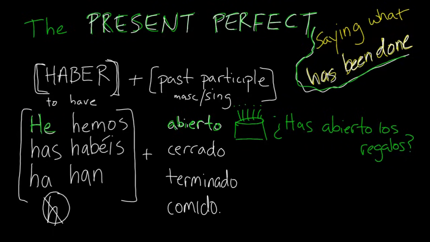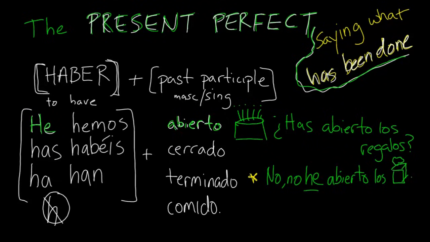And then you could come back and say, well, no. A form of haber: no he abierto los regalos. In this sentence right here is perfect. No he abierto los regalos.